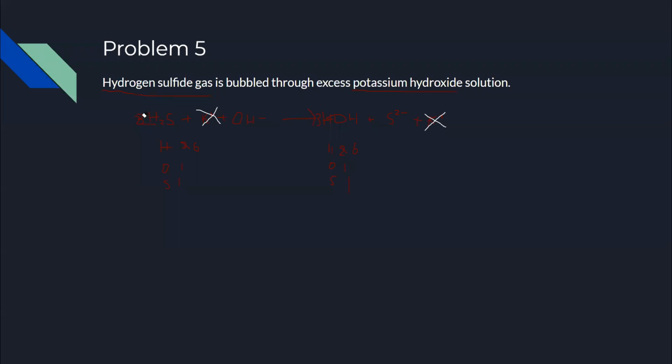So H, we have 3, so we just have 2 is 4 and then 2 over here. So 4 plus 2 is 6 makes 6. Okay, sorry about that. And then you have 2 sulfides over here and then 2 oxygens. Now you have 3 oxygens over here. So it just becomes a never-ending game. So I can come back to this later, but that's the equation.